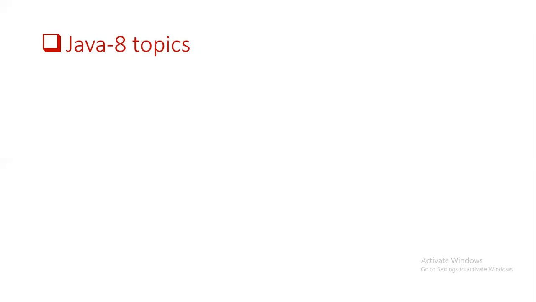So now in Java 8, what topics are we going to cover? First, lambda expressions. Why do we need lambda expressions? Simply, a nameless function is called a lambda expression. We can use it to invoke a functional interface's abstract method, or to give a definition to the functional interface.